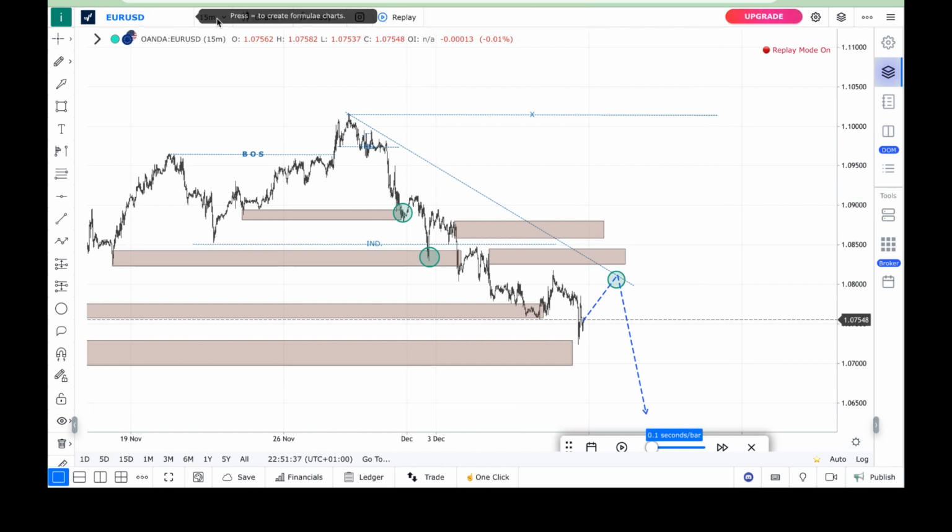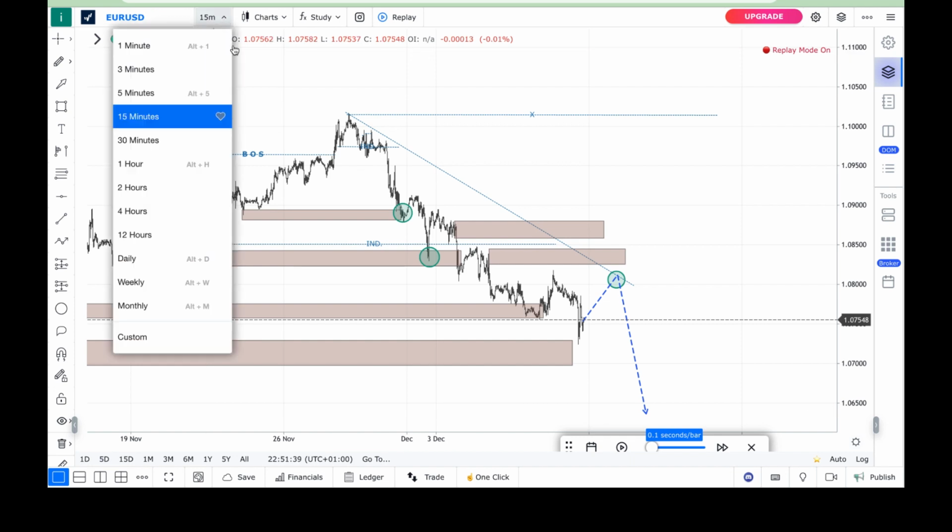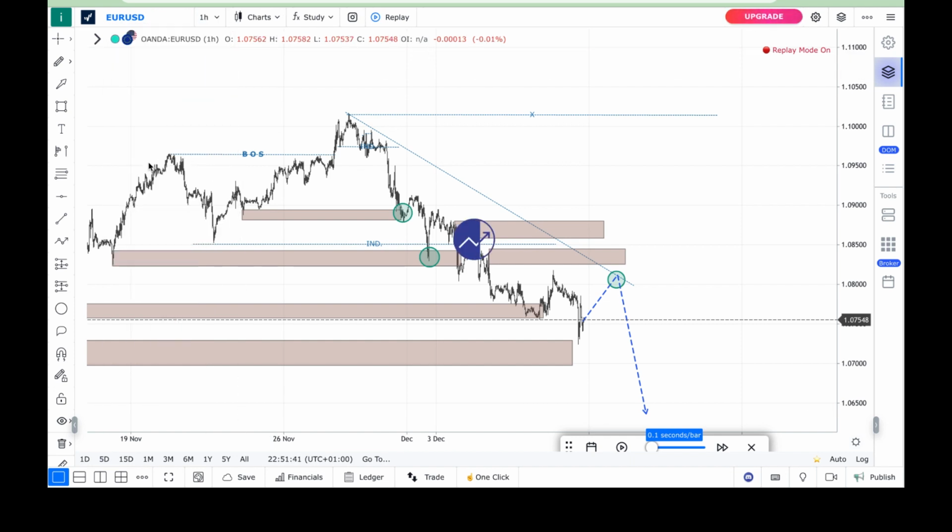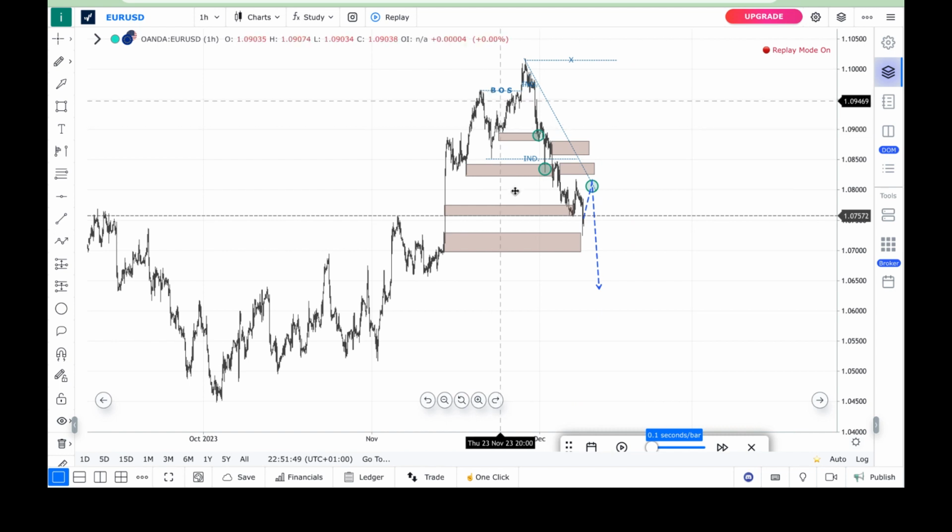Let's switch to 1 hour. The market already grabbed enough external liquidity because, if you remember, I told you earlier that an external high got broken, so an external liquidity needs to be taken, which is this here.